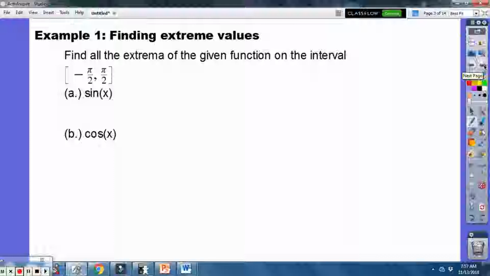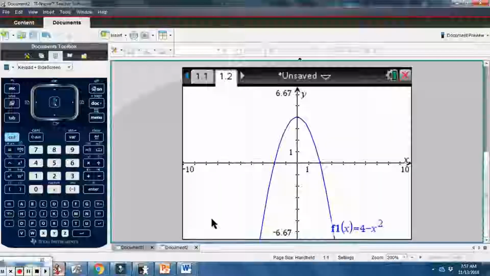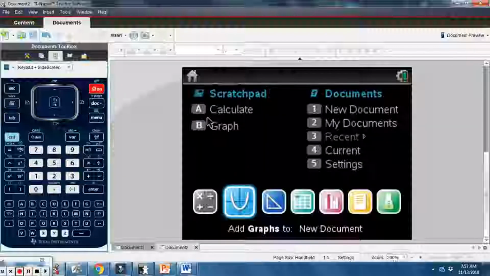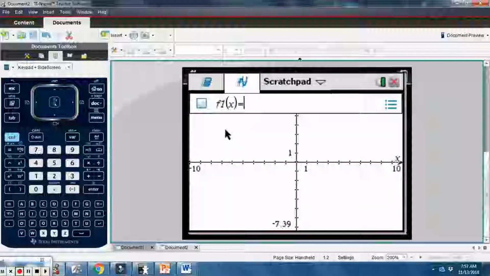Example 1, finding the extreme values. We want to look at just the interval negative pi over 2 to pi over 2 of sine of x and cosine of x. Well, hopefully we have an idea of what those look like, but we can graph those as well. So let's consider sine of x.